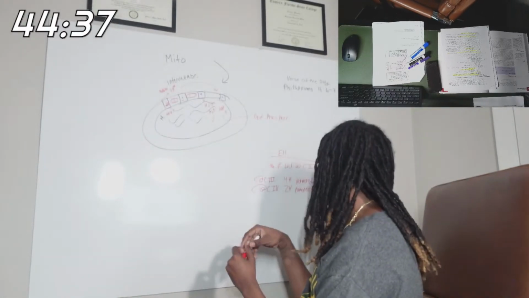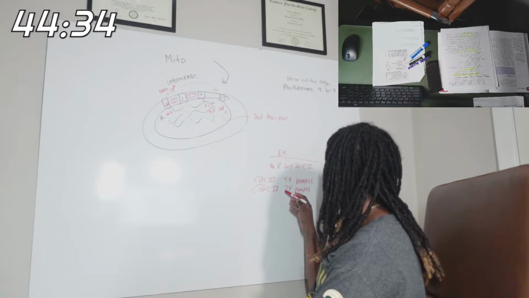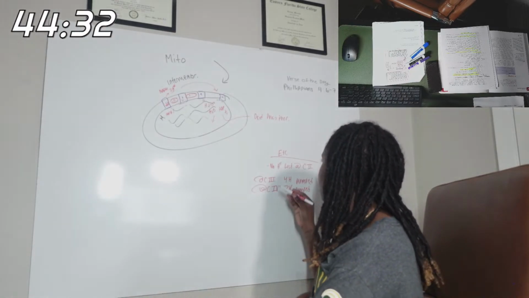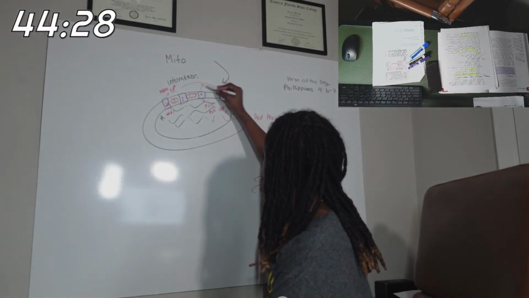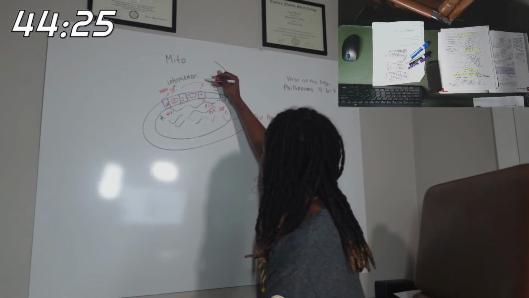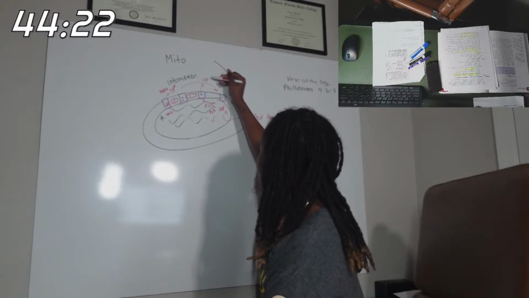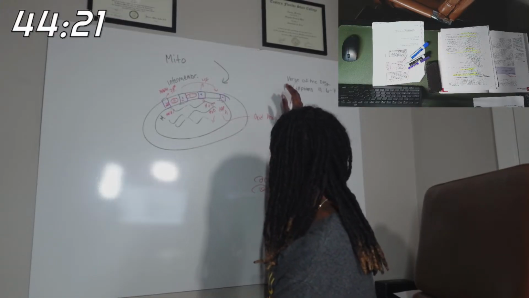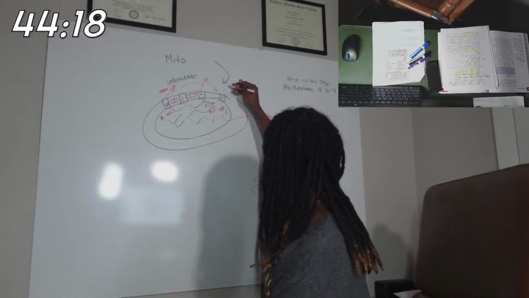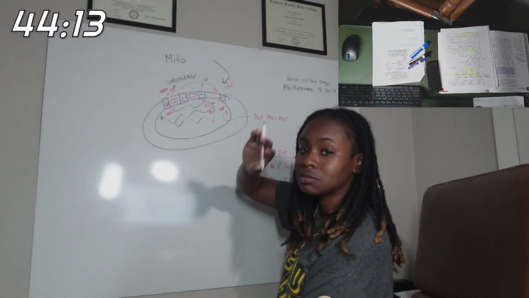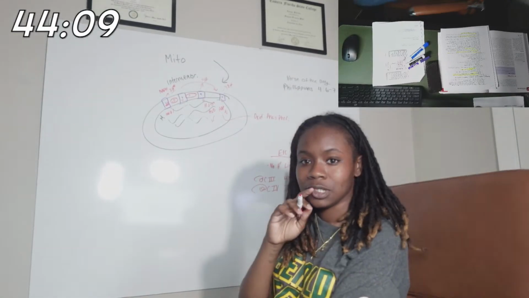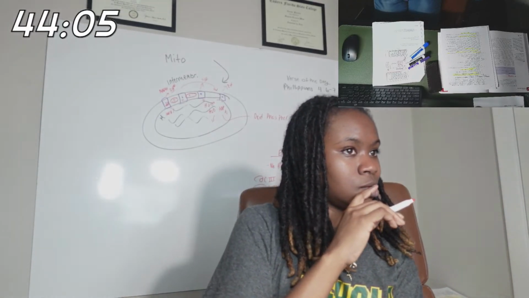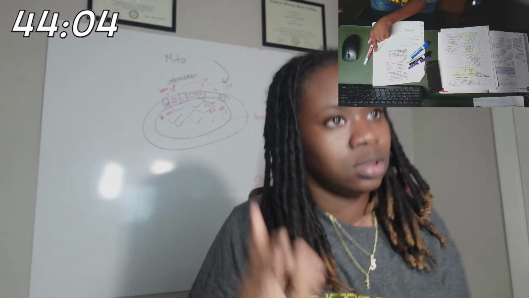Okay, what did I write over here? Right. So at complex 3, once we get our electrons, we're pumping out 4. In here, we're also pumping out 2. Ignore my handwriting, it's horrendous. I'm sorry, I'm trying to be better too. Something like that, right? I'm figuring it out.